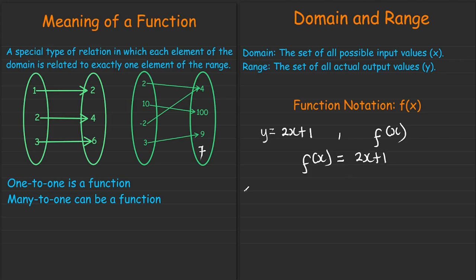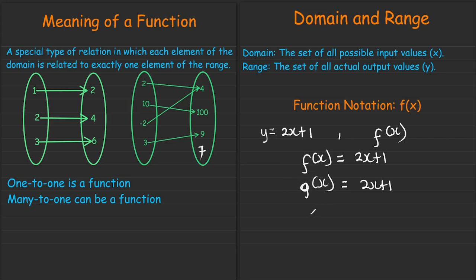Most often, apart from f of x, you can also see a g of x, say 2x plus 1. That is, if a function has already been used as f and you want to state another function, then you say g of x.